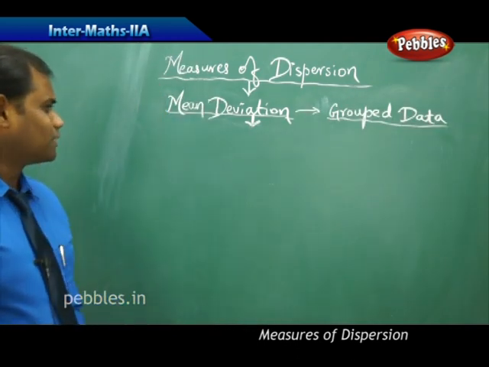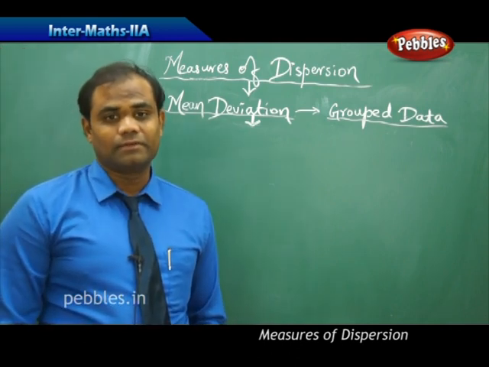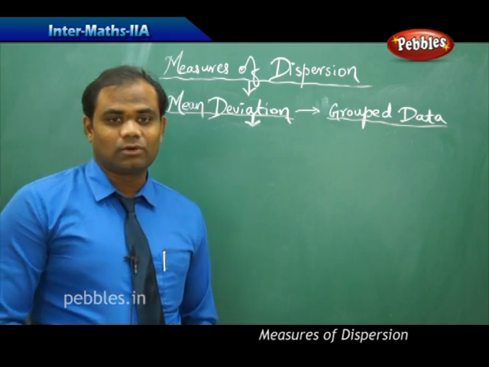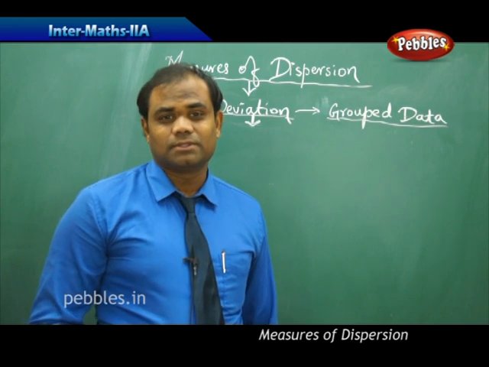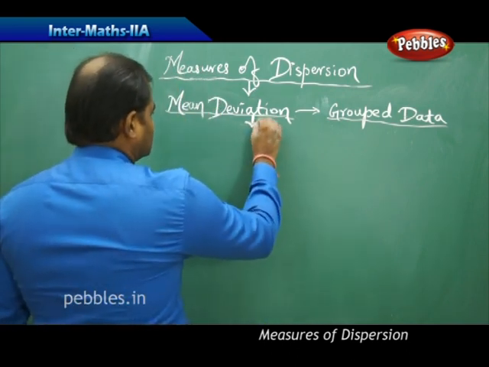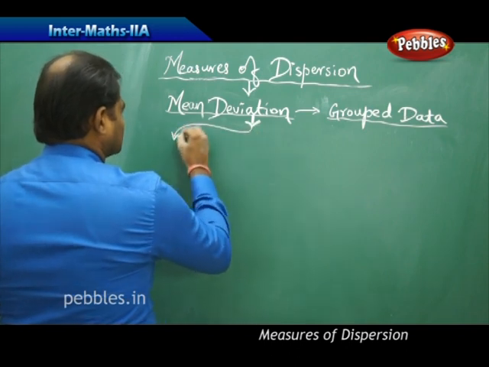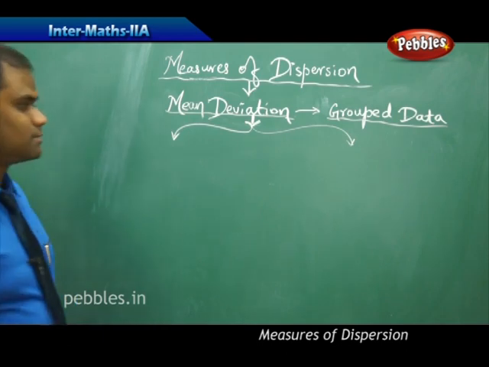Now let's see how we can find the mean deviation for grouped data. Now that we have discussed ungrouped data, the question is how to find the mean deviation for grouped data. In case of grouped data, we have two types of data which are considered, for which we need to find the mean deviation respectively.